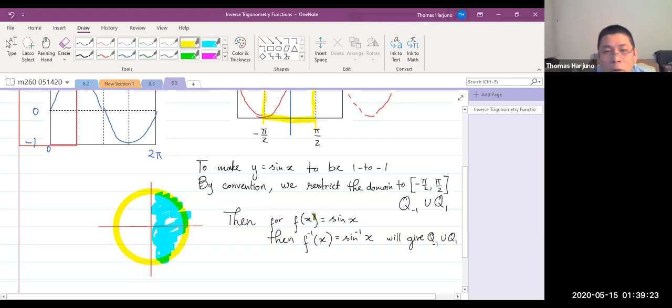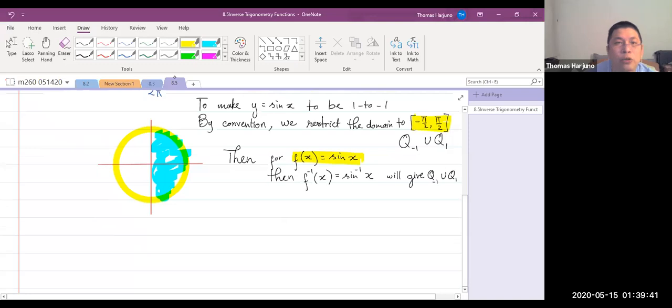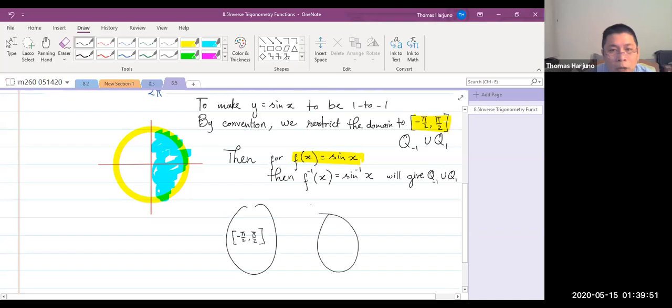What is the domain of the original function? Originally, without restriction, the domain is all real numbers, right? But to make it 1-to-1, we restrict that to this interval. Agree? So in the domain, we have this interval, negative pi over 2 to pi over 2. And using the sine function, the outcome will be from negative 1 to 1.